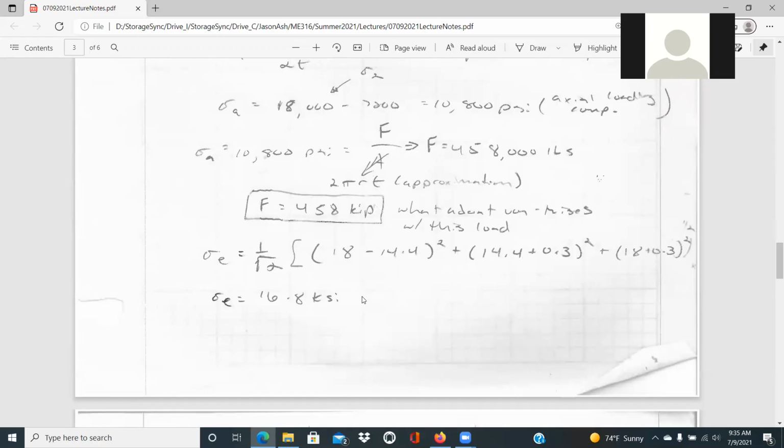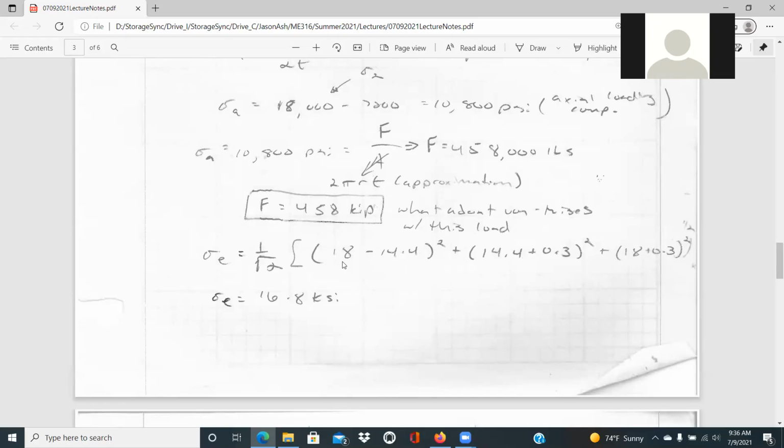And so this is more a parameter that you would want to use if you're dealing with a ductile material for a pressure vessel. If for some odd reason you had a brittle material in that role, it would be the 18 KSI that would be important from a failure standpoint. Does that make sense, Jordan?